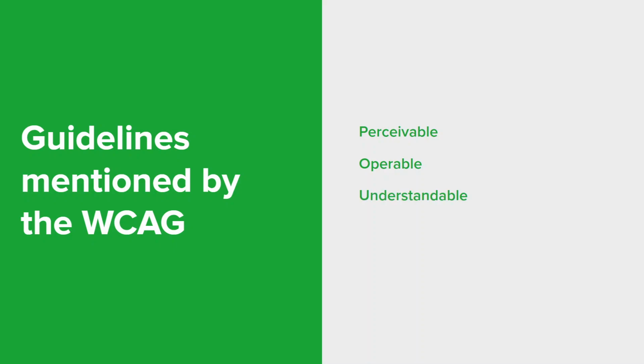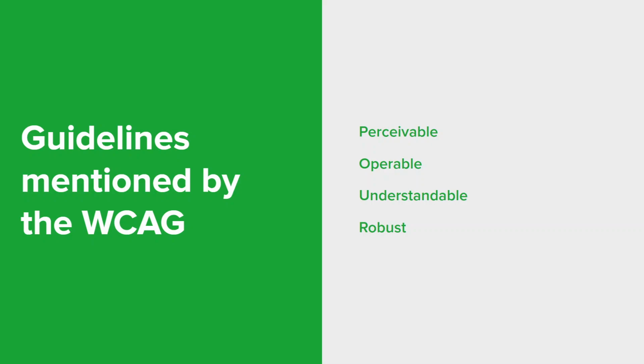It's also important for content to be understandable, and that means making sure that the text content is readable and understandable, making sure web pages appear and operate in predictable ways, and help users avoid and correct mistakes. And lastly, the content must be robust. So essentially you want to maximize compatibility with current and future user agents and trends, including assistive technologies.